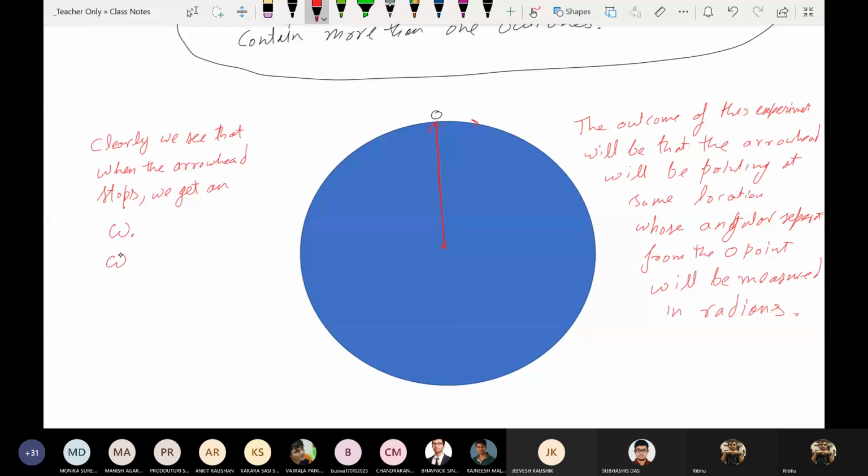This omega is in the semi-closed interval 0 to 2 pi. Omega will be in this semi-closed interval 0 to 2 pi. Therefore, the sample space in this case is, oh sorry, not this.